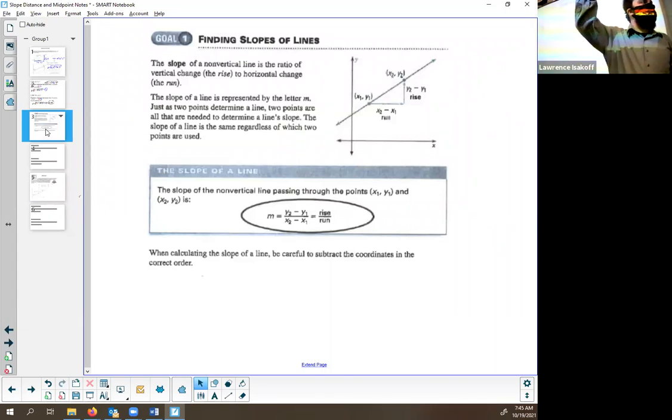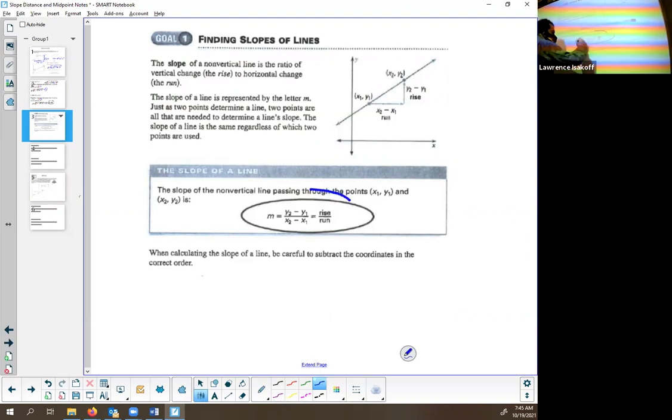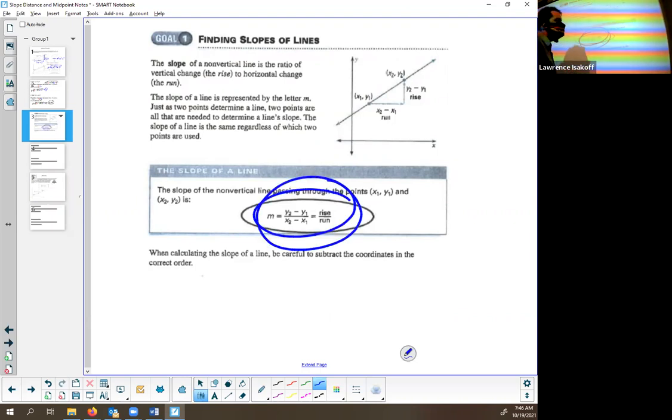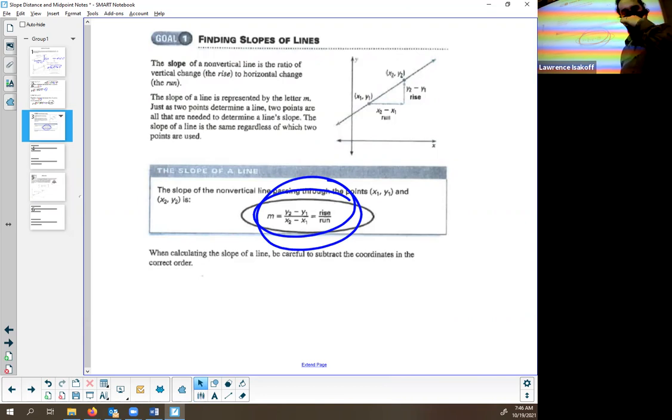I count up 2 over 3. Well, that gives me the formula that follows right here. So this formula right here is my slope formula. M is the letter we typically use for slope. That is equal to y2 minus y1 over x2 minus x1.